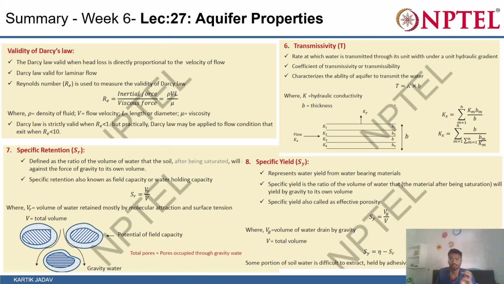Transmissivity is the rate at which water is transmitted through a unit width, that is, flow rate per unit width. It is also known as the coefficient of transmissivity or transmissibility, defined by this kind of equation, considering how aquifers lie above each other.